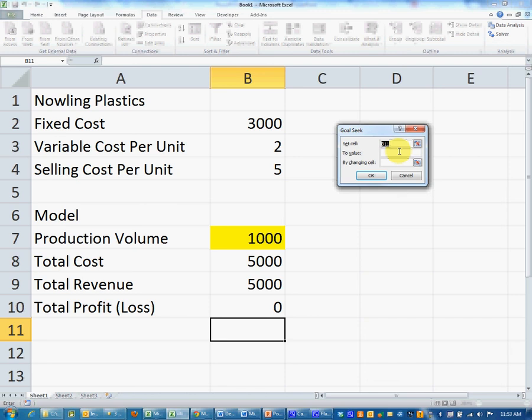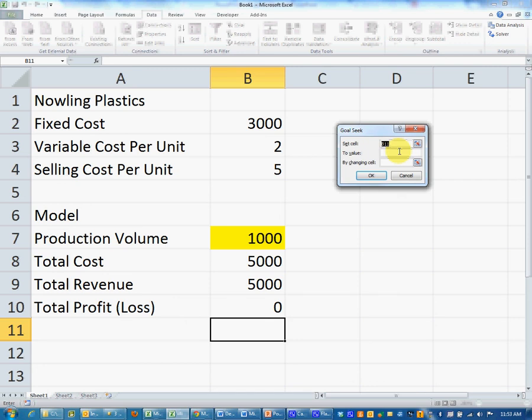I'm doing a profit of 10,000. What's my production volume? I'll see if you guys can do it, and then I'll go ahead and do it up here. We're going to learn all this through practice and just doing it over and over again. You guys will get it.